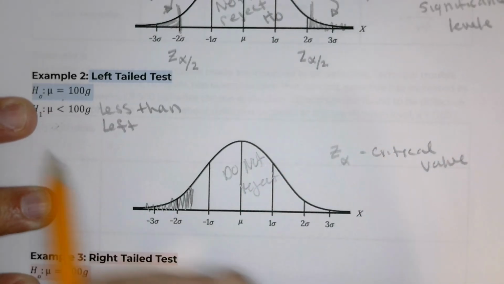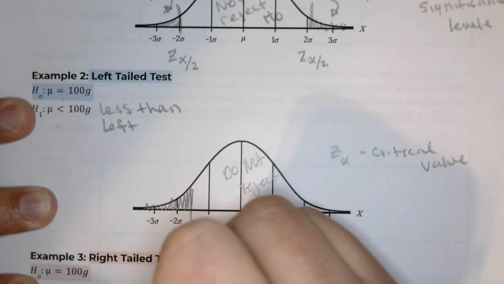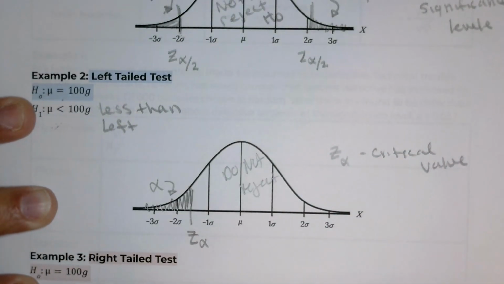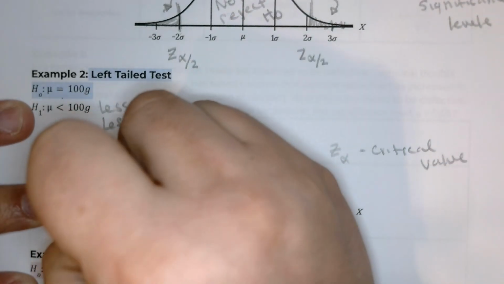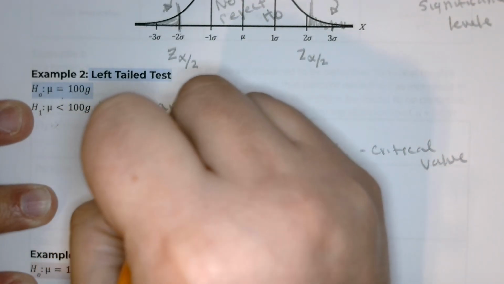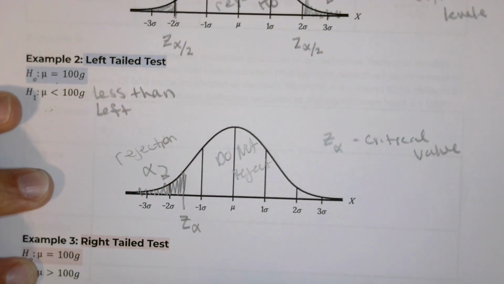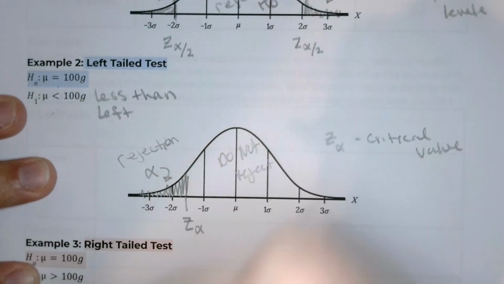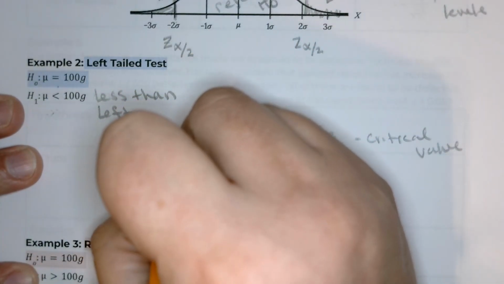I'm only testing below in this case. So this would be z alpha here. This would be the area of alpha down here. Again, this is the rejection region. So if I find something down here, less than z alpha, we can reject our null hypothesis.